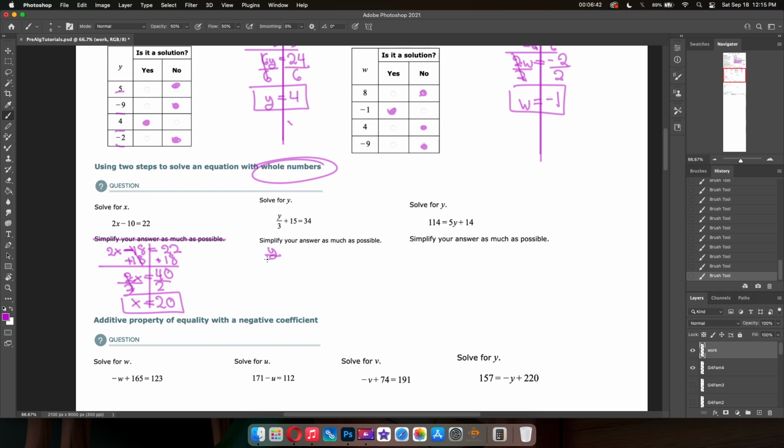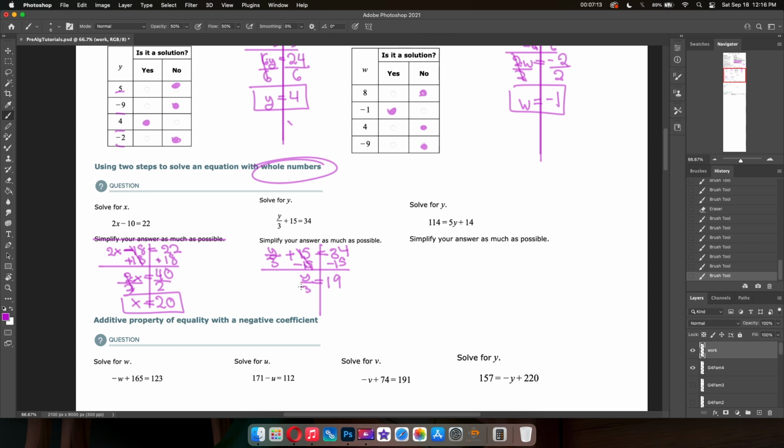Now, y over 3 plus 15 equals 34. For this one, that's plus 15 because I always start with my addition and subtraction. So what's the opposite of addition? Subtraction. -15, minus 15. Y over 3 drops down. What's 34 minus 15? 19.